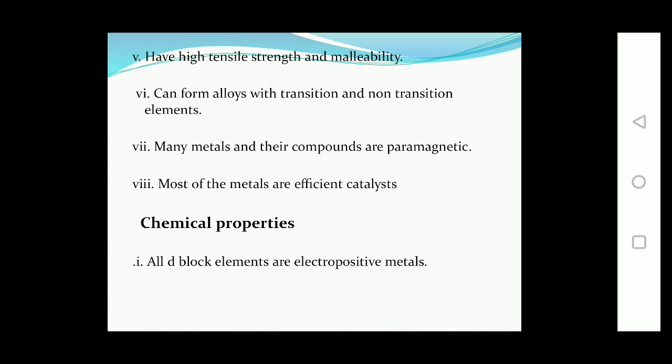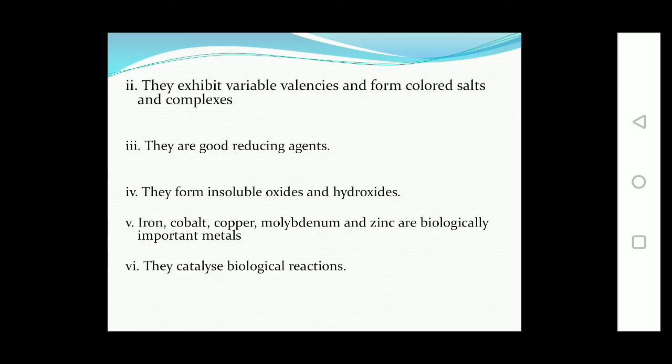They show variable valencies, that means oxidation states. And they form colored salts as well as colored complexes. Again, they are good reducing agents. As they are electropositive metals, they are good reducing agents, that means they bring about reduction.